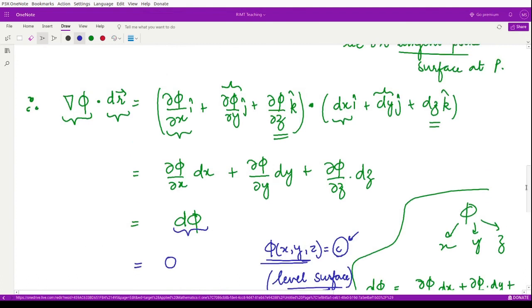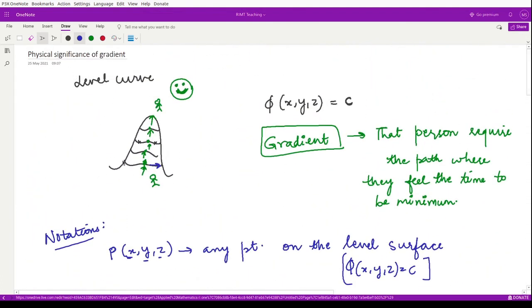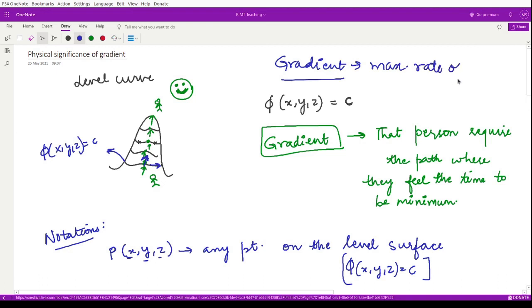So if we go back and look at our diagram once more of this particular mountain, for this particular level curve which represents phi of xyz is equal to c, I'm saying our gradient vector will tell me the direction which is perpendicular to this level curve. So that would be maximum. So basically the gradient gives me the maximum rate of change of some function phi, right?